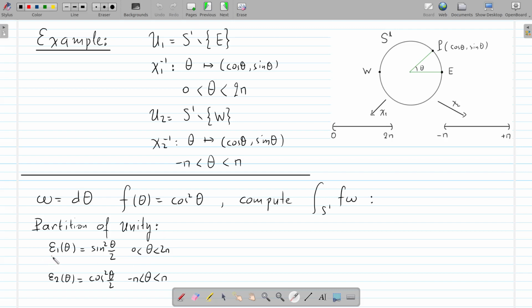Of course, that defines epsilon1 of theta everywhere but at the point E. Similarly, epsilon2 is defined by cosine squared theta, where theta is now ranging from minus pi to pi, and that defines epsilon2 everywhere but at the point W. So these functions are extended over the full circle by defining the value of epsilon1 at the point E to be 0. This is a point which is not in the chart, therefore this value has to be 0. And that is compatible with the value that epsilon2 has at the point E, which is equal to 1. So epsilon1 and epsilon2 at the point E add up to 1.